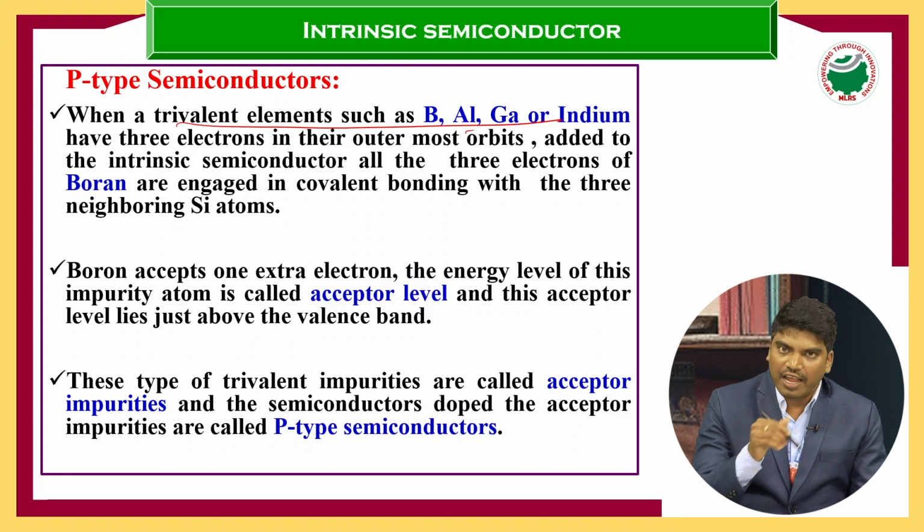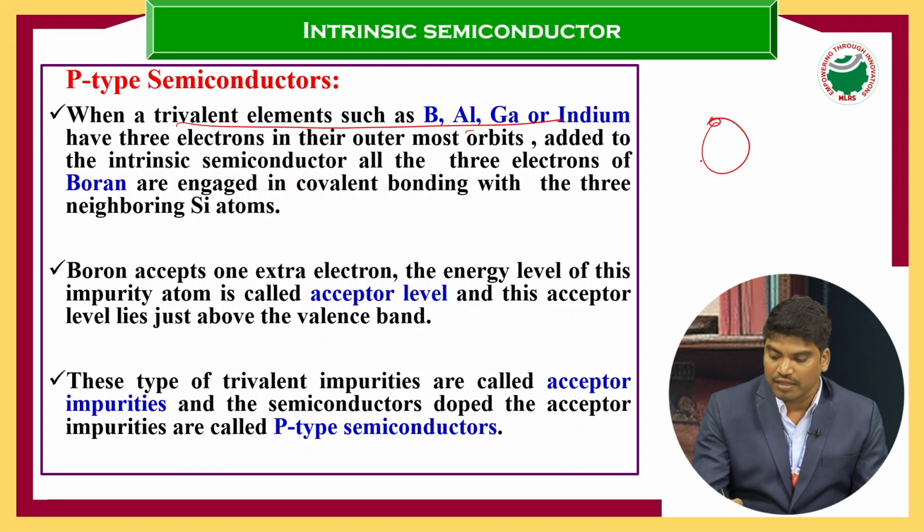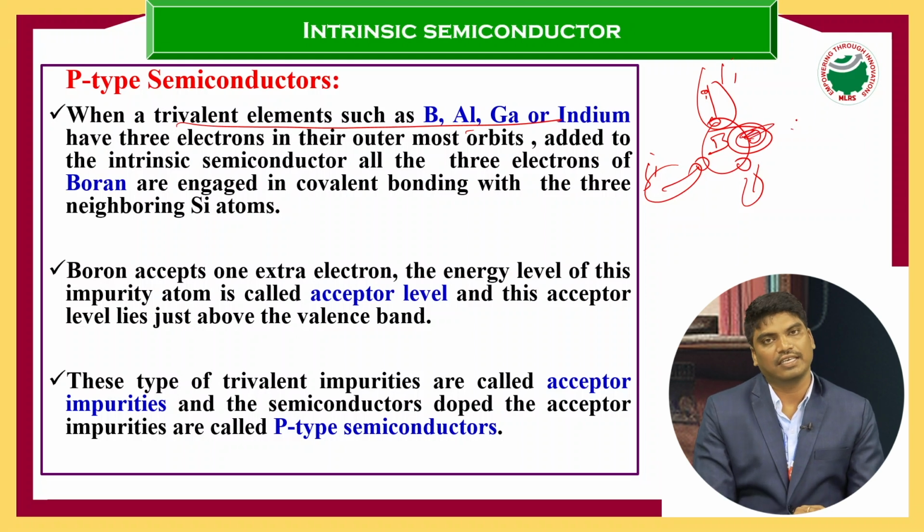When I add this trivalent element to a pure intrinsic semiconductor, what happens? The 3 electrons make 3 covalent bonds with the adjacent silicon or germanium. 1 bond becomes vacant, meaning it doesn't have any electron to share with the adjacent atom.